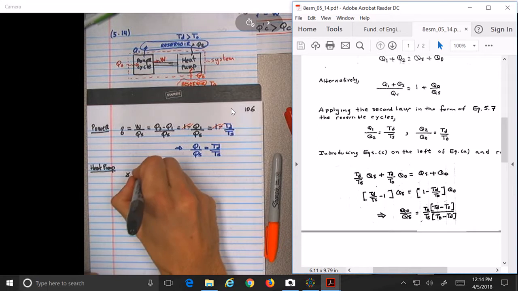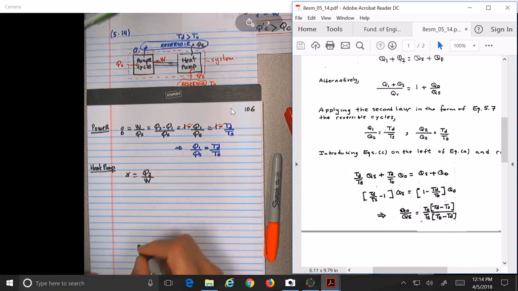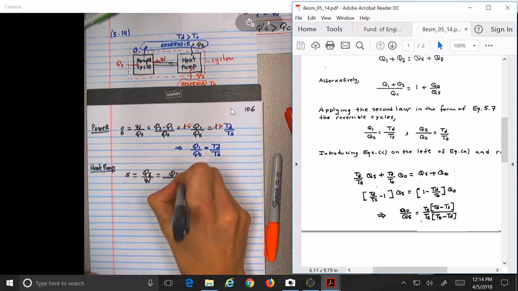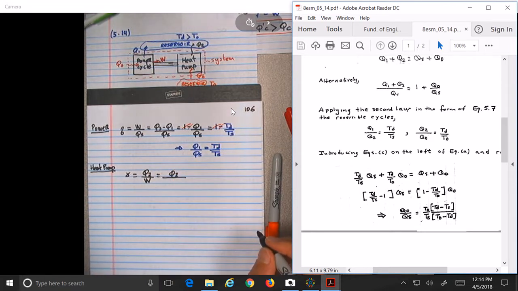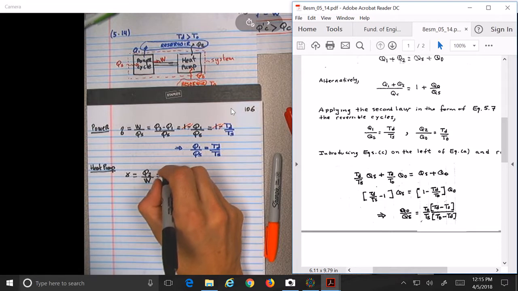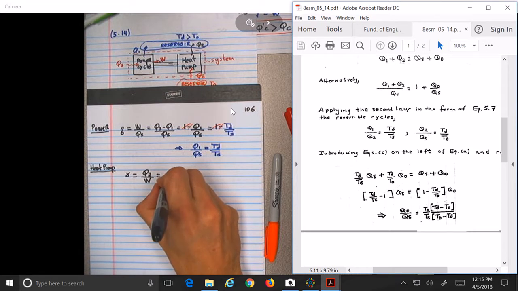We get Q2. What do we need to put in? Work. Okay? So we get Q2 divided by what? So it will be Q2 over hot minus cold. Yeah, Q2.